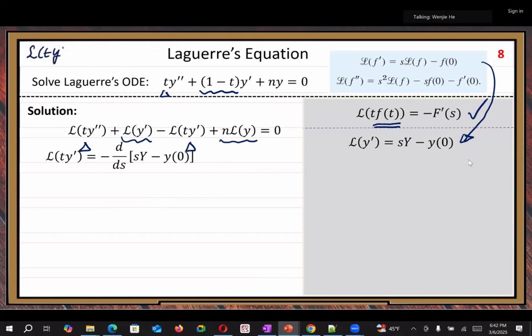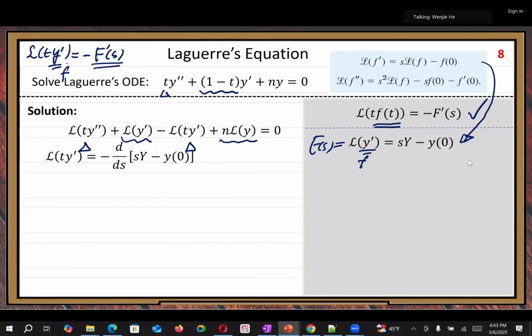T y prime. Here we treat y prime as a little f. Then it should be negative f prime. Then what is this capital F? If we make this little f, then that is a capital F, because here we assume y prime is the little f.